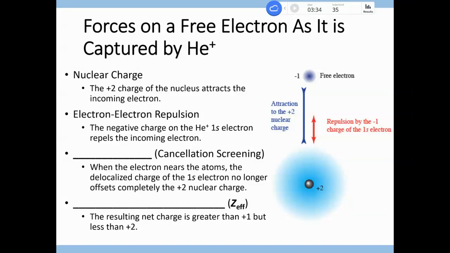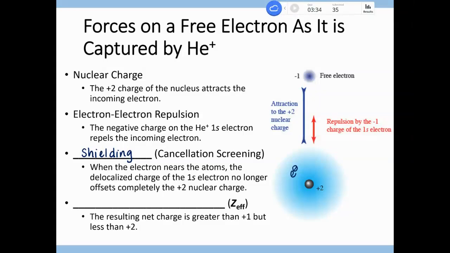When they're both orbiting the nucleus, the electrons cause what we call shielding, or screening, another way to label it. This describes that when the electron nears the nucleus, that delocalized charge, that one other electron that's present here, isn't completely offsetting the +2 charge.